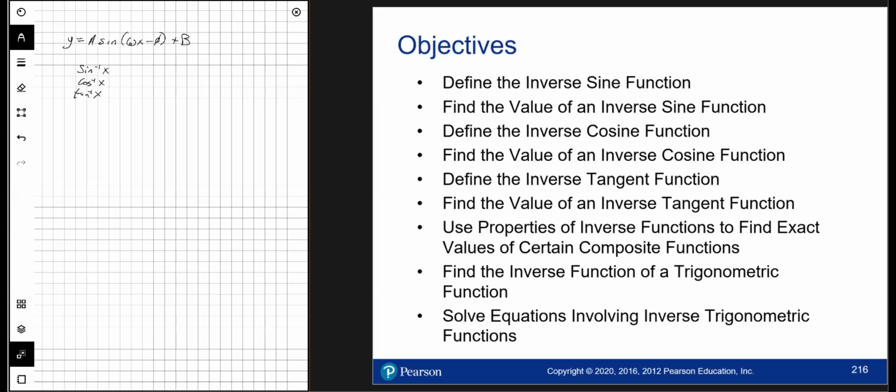And then we're going to use the properties of inverse functions to find exact values of certain composite functions, then find the inverse function of a trig function, and then solve equations involving inverse trig functions.